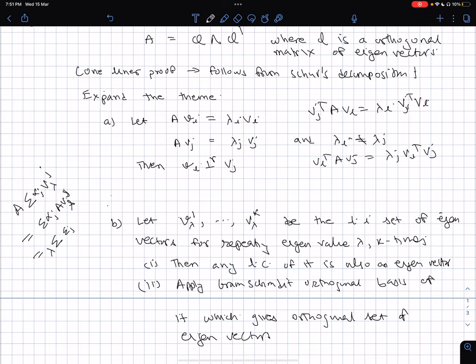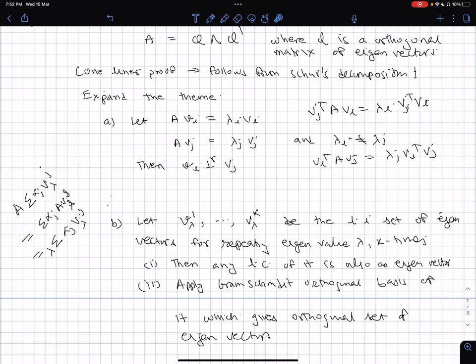Now I can take this eigenvalue lambda out, and this is alpha j times V lambda j, which amounts to saying that this has become the eigenvector for the matrix with eigenvalue lambda.